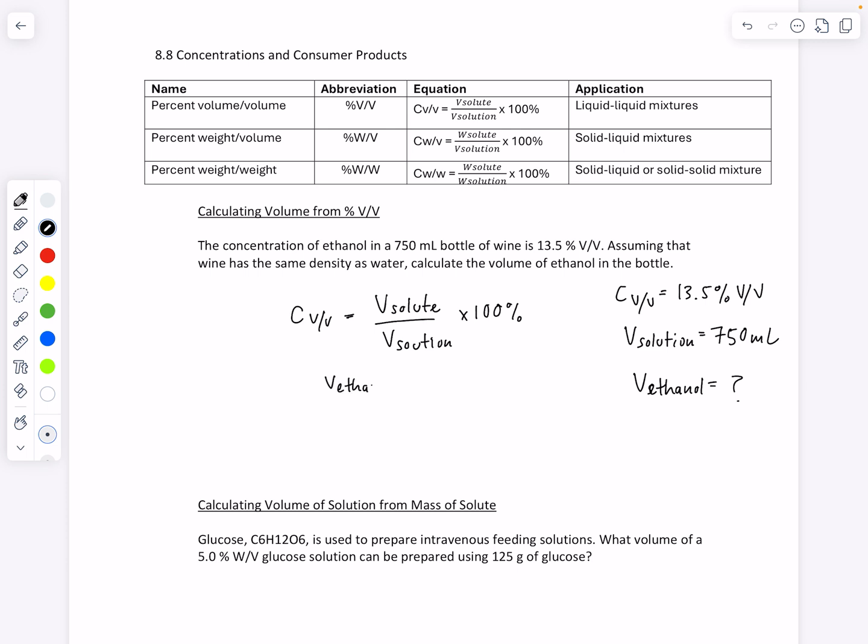We can rearrange this equation, and the volume of ethanol is equal to the concentration of the solution times the volume of the solution divided by 100.